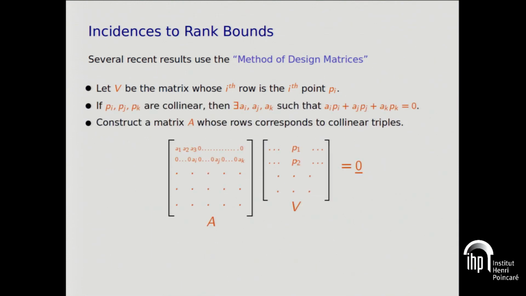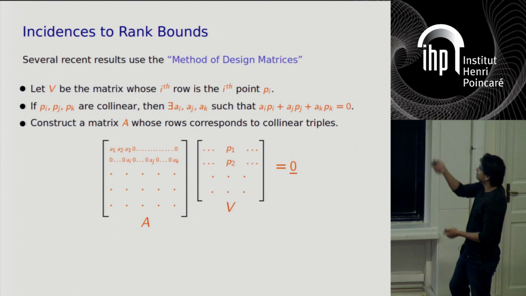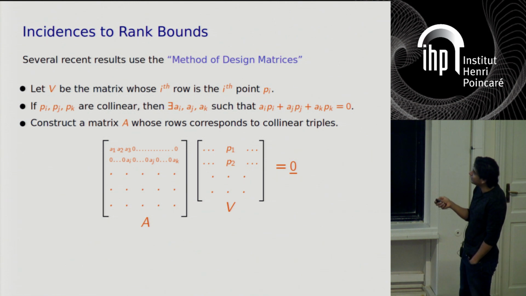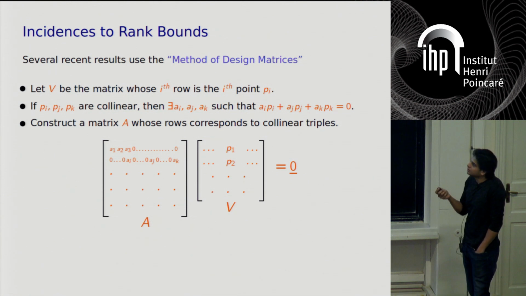Here's the big idea: if 3 points are collinear, you have some coefficients such that this thing sums up to 0. We're going to construct another matrix A, whose rows are basically going to be the coefficients coming from collinear triples.